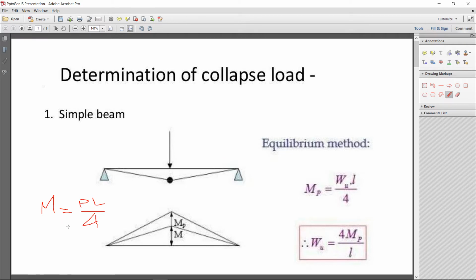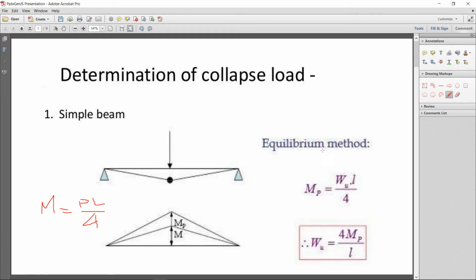So in this equation, M is equated to the plastic moment. When it goes to plastification after yielding, we equate M equal to the plastic moment. Then 4 is multiplied on the other side, L will be divided, so we will get the collapse load. That is not omega, that is simply the collapse load, or P, you can name it P. So that's how we calculate the collapse load.